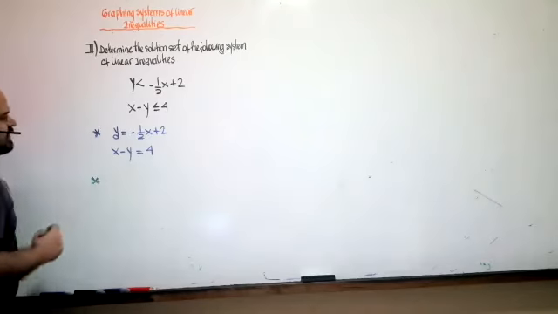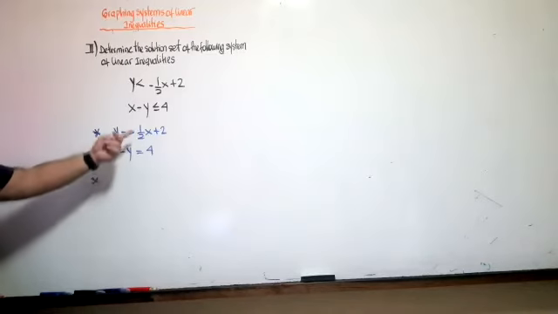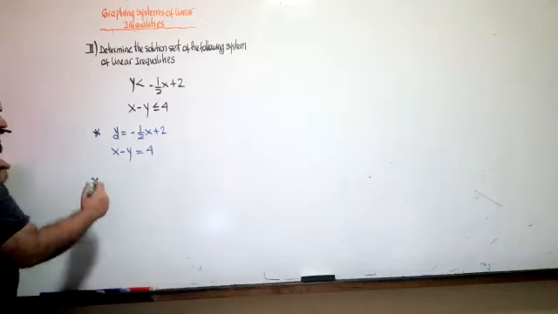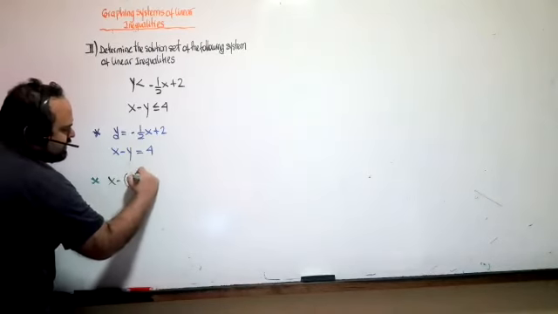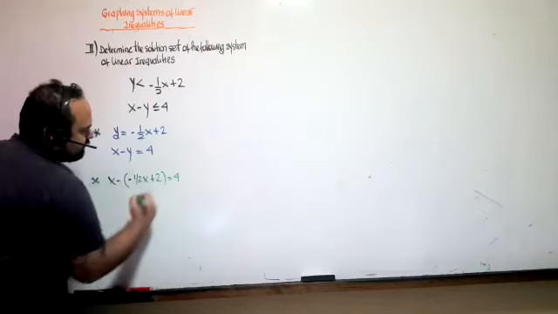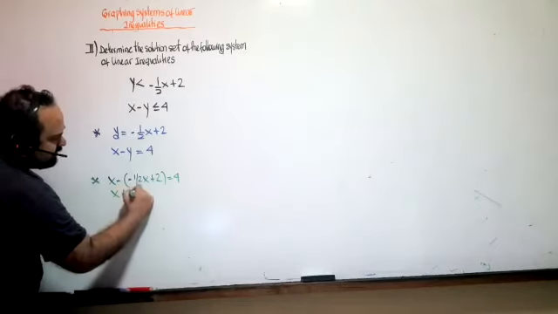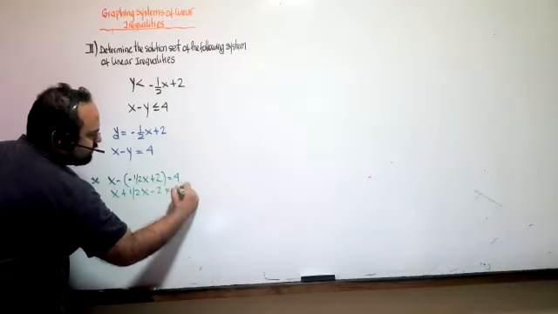Okay. If you see, in this problem they gave us the solving for y, and the only thing that we have to do is replace those values over here. I mean, x minus parentheses negative 1 half x plus 2 equals 4. So x plus 1 half x minus 2 equals 4.